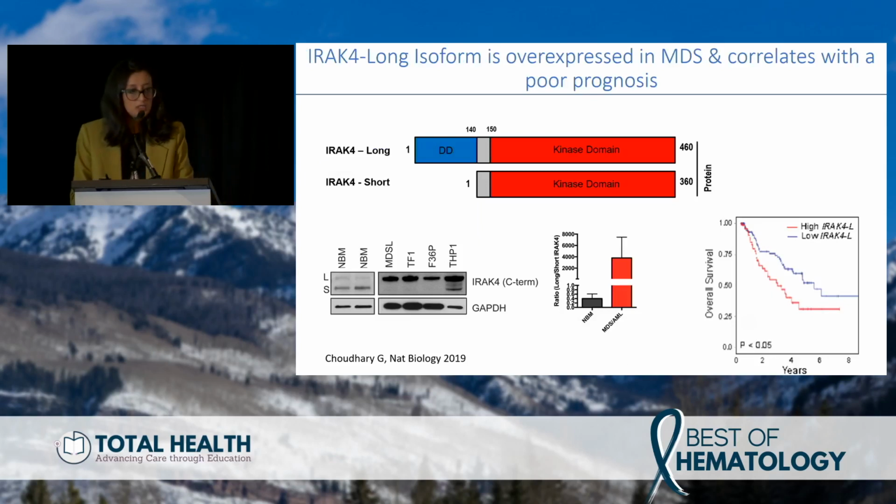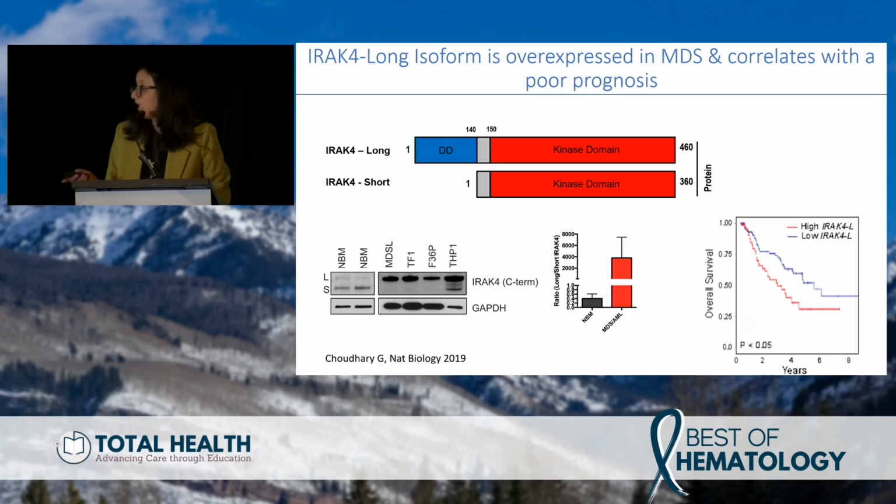Another promising agent in development in high-risk MDS are IRAK inhibitors. So IRAK4 is a serine threonine kinase, which works closely with the IL-1R and the toll-like receptors to form the myddosome complex. And the IRAK4 long isoform is overexpressed in MDS, and it correlates with a poor prognosis.